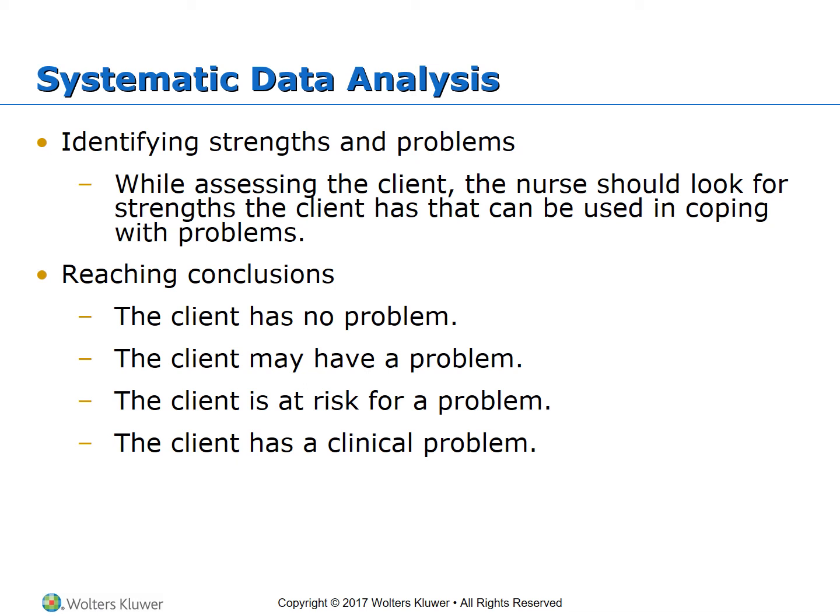If the client may have a problem, you want to gather a little bit more information. If the client is at risk for a problem, you want to continue through the nursing process by planning, implementing, and evaluating. And if the client has a clinical problem, then the client has a nursing diagnosis or medical diagnosis.